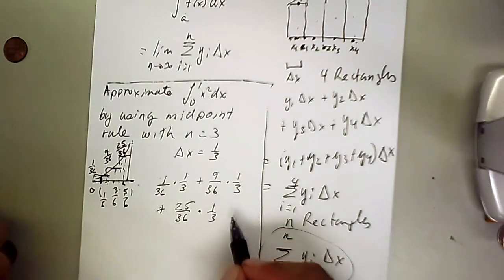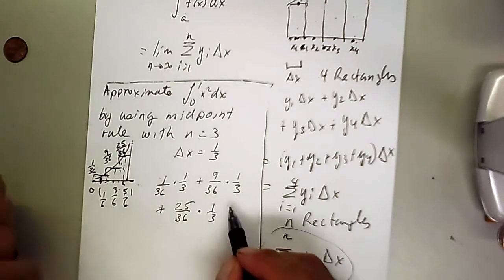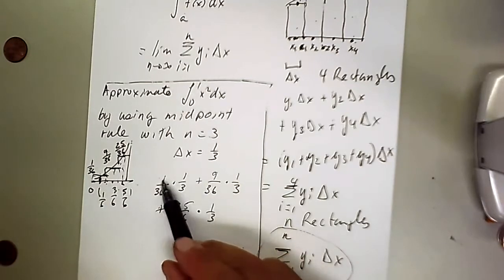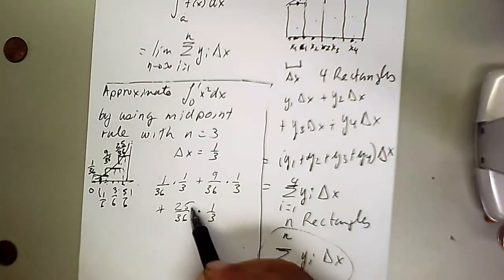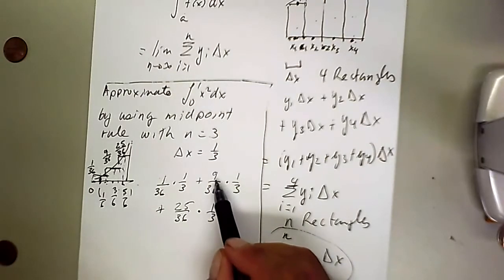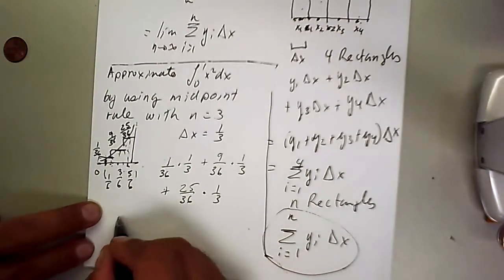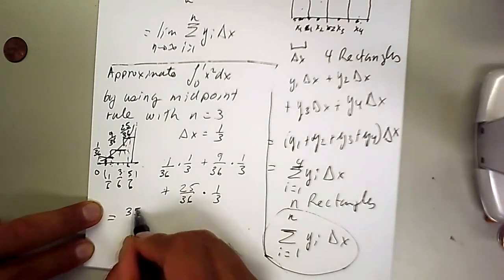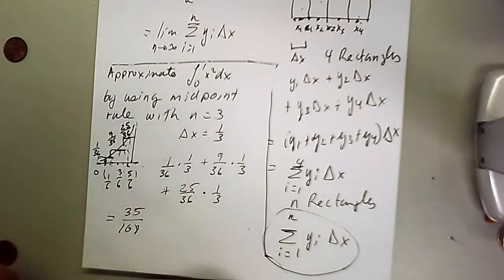The 3 times 36 is going to be 108. And then we can add the numerators. 1 plus 9 plus 25: 25 plus 9 is 34, plus 1 is 35. So this sum equals 35 over 108. And that is our approximation.